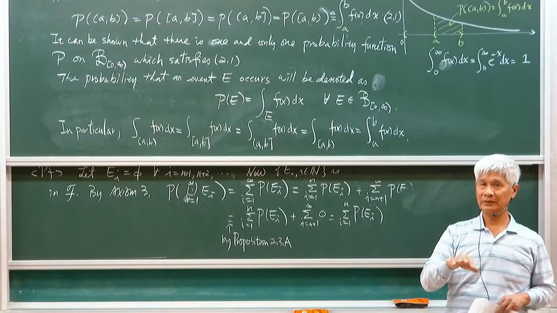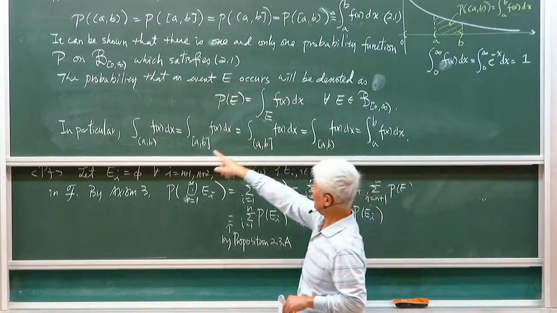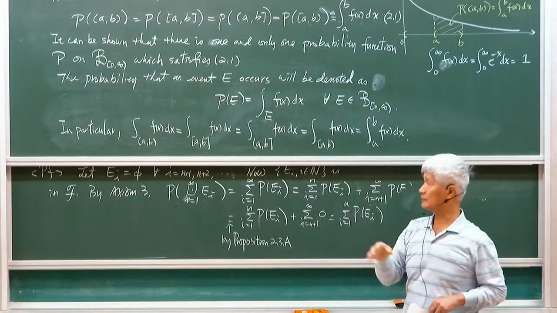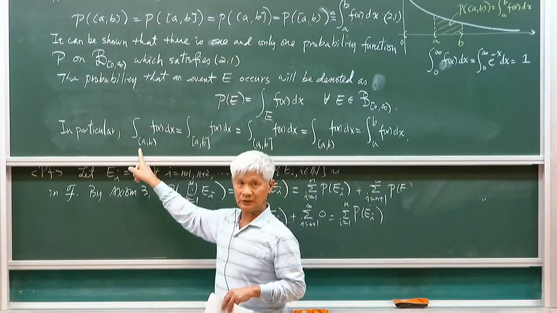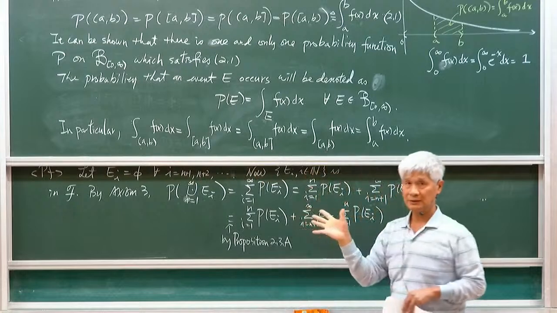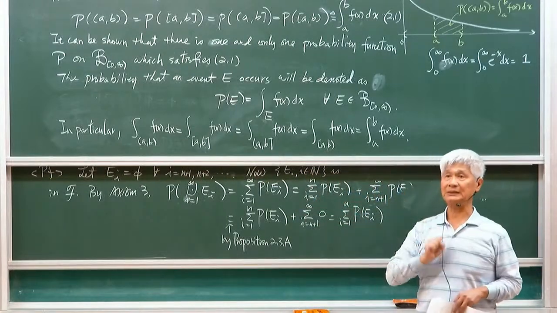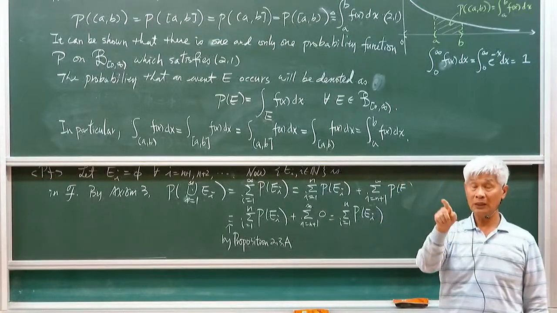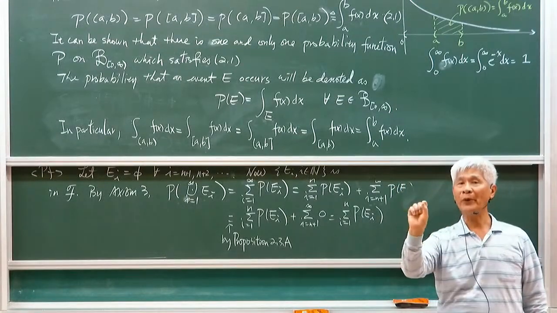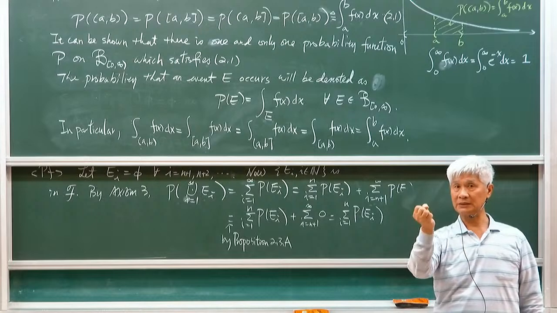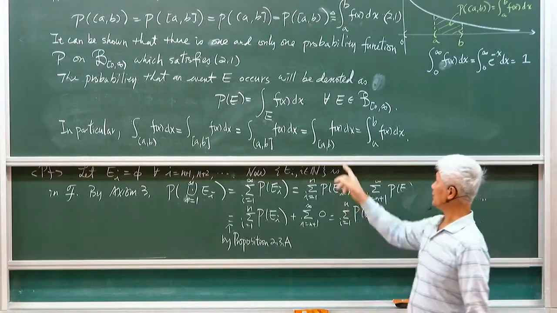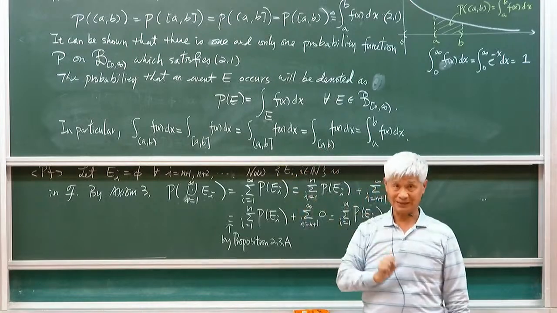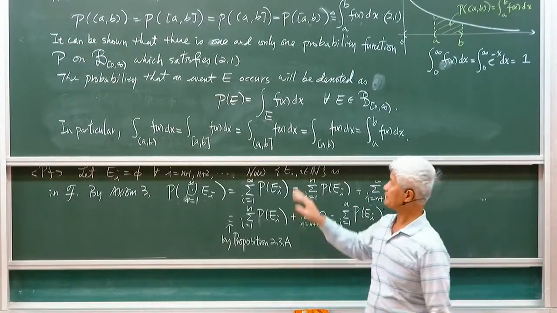By our definition, these four events are different, so they are different events, but they have the same probability, because we are using a probability density function. So you integrate over one point, the result is 0, right? So it doesn't matter whether you include endpoints or not.